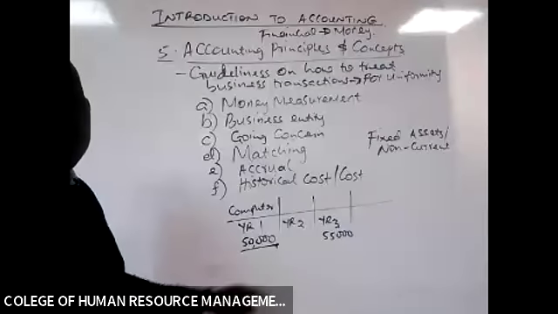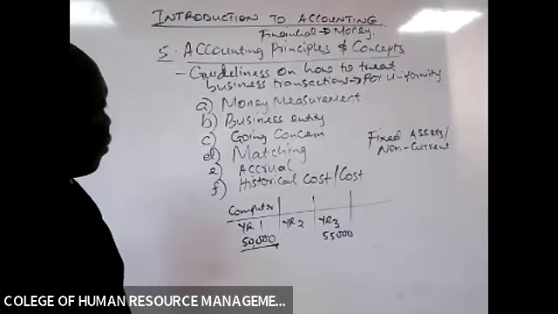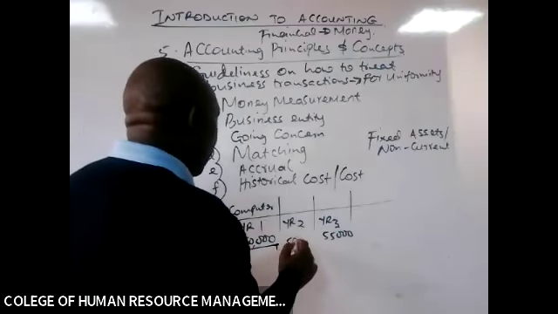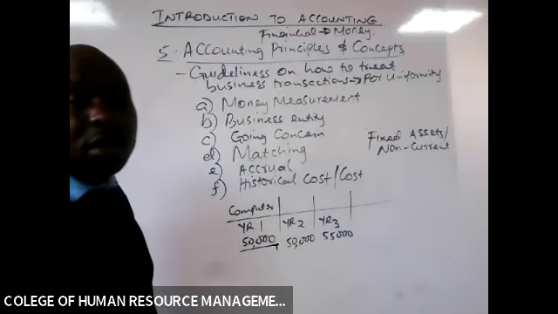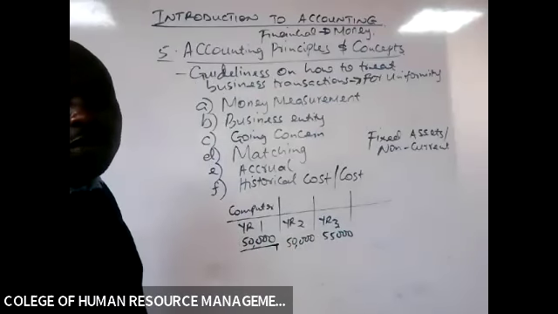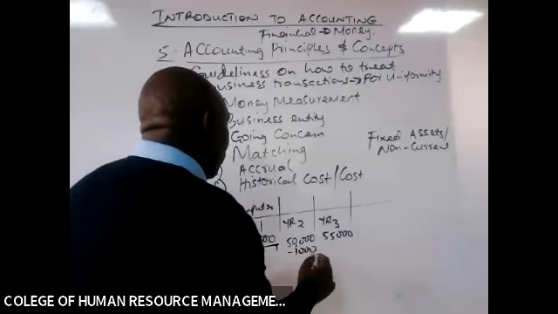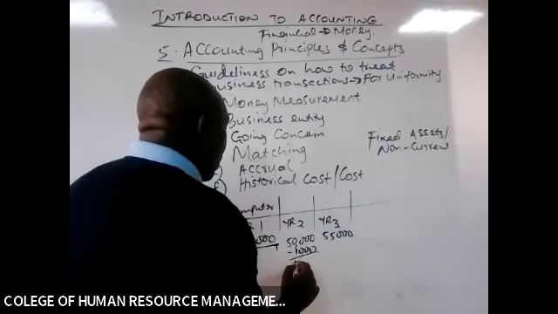That is the monetary value. That is the value that we have measured. Year 2, maybe it has the same cost, 50,000, but maybe, you know, they depreciate. The value of an asset as you use it does not remain constant. Maybe in year 2, it lost 1,000 in depreciation. You find that it has 49,000.